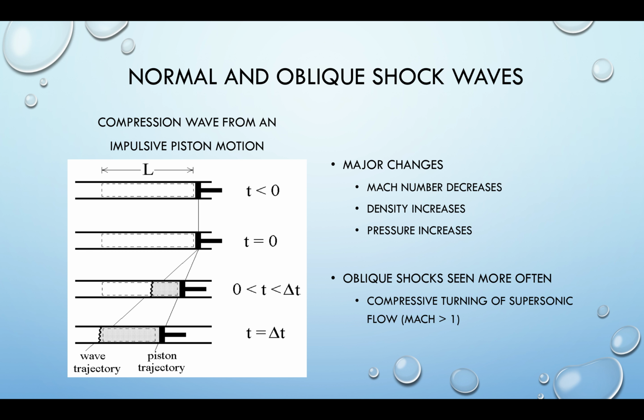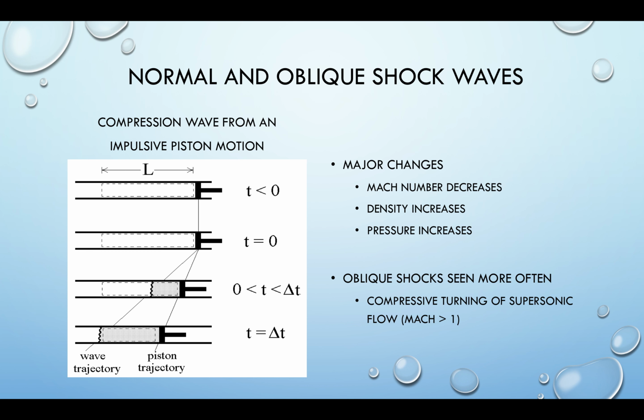So it's a ratio between those. We'll refer to those speeds as sonic. If it's sonic, it is traveling at the speed of sound, and the Mach number is 1. Other changes are that density increases and that pressure increases.